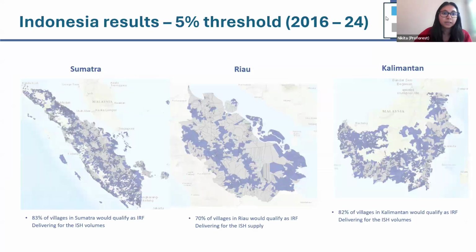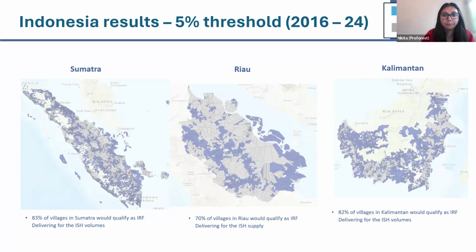In case you require the GIS shapefiles, which, as I said, we'll be happy to share with you, this is a snapshot of how the maps look for Indonesia using the 5% threshold. In Sumatra, we have 83% of villages classifying as IRF delivering for the independent smallholder volumes.